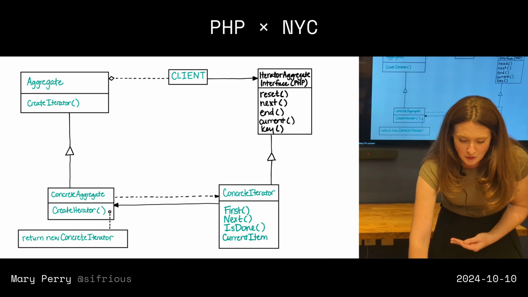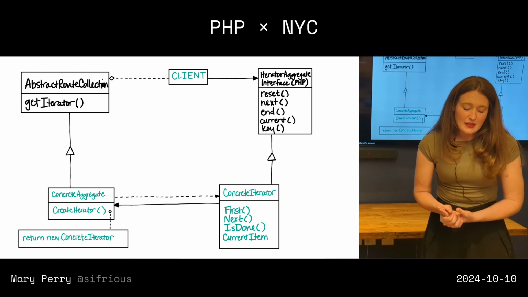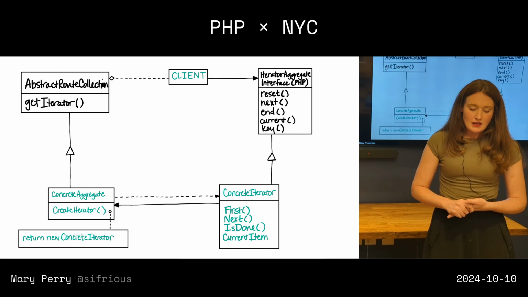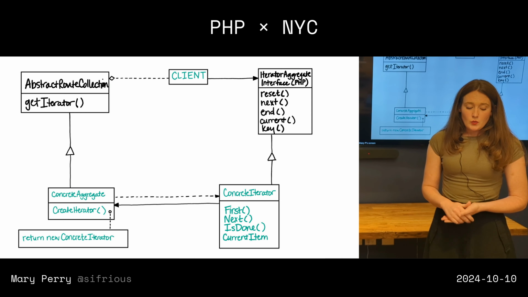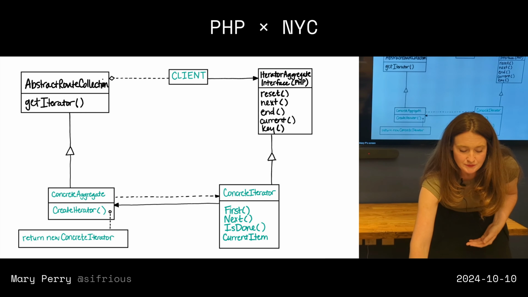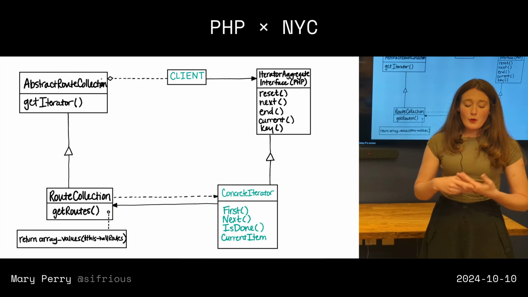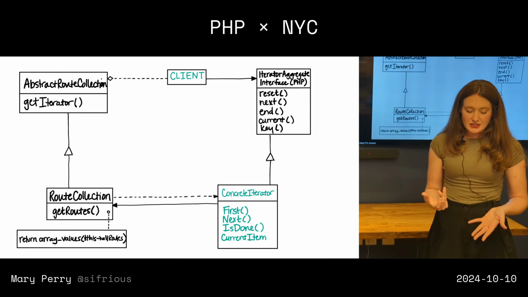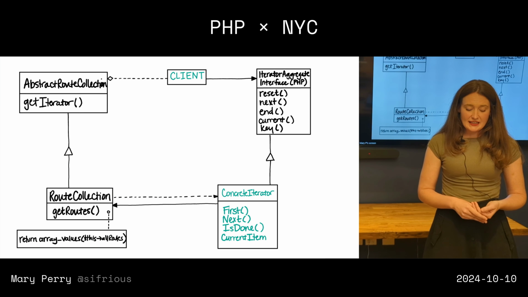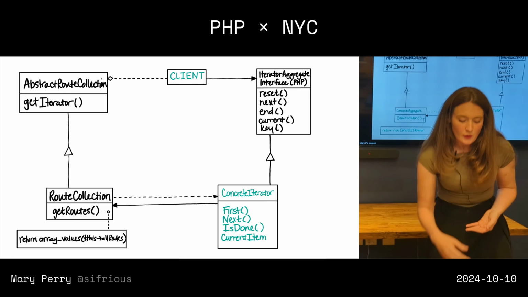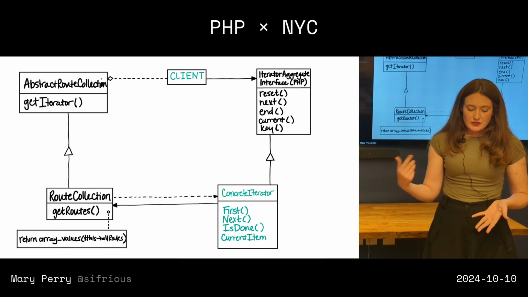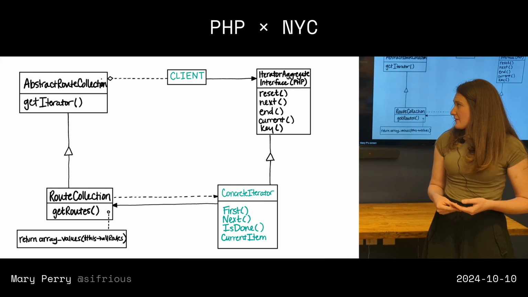So that's very cool. And then what we're going to inherit here is the abstract route collection. So we just have a get iterator function. What we're looking at here is the route collection, which is a special type of collection, on get routes. One of the things that it has is, instead of just returning a new concrete iterator, we're returning the array values result for all of the routes in our Laravel application.